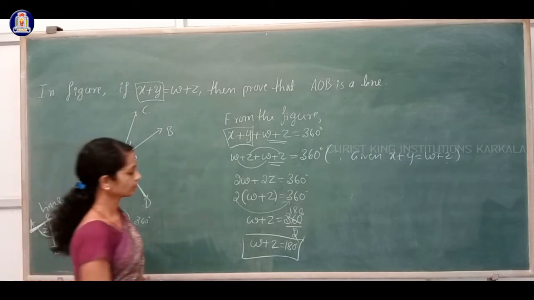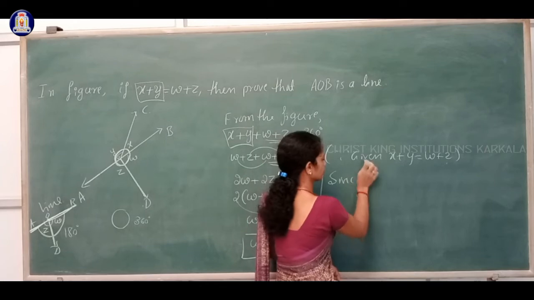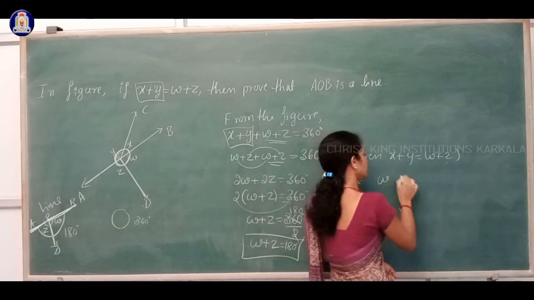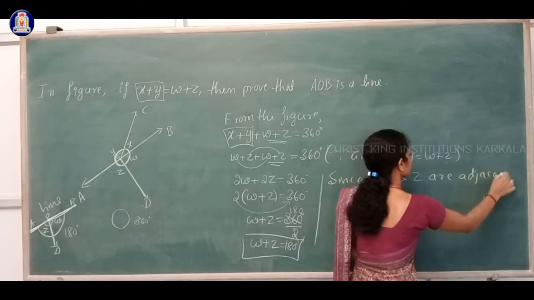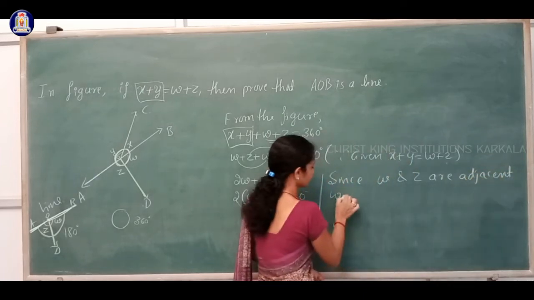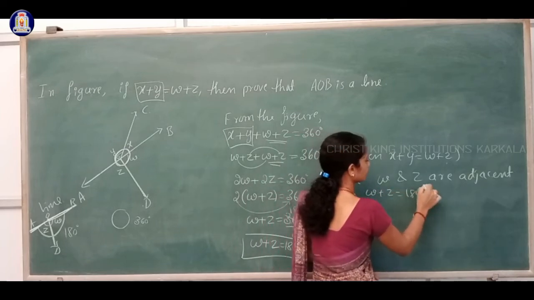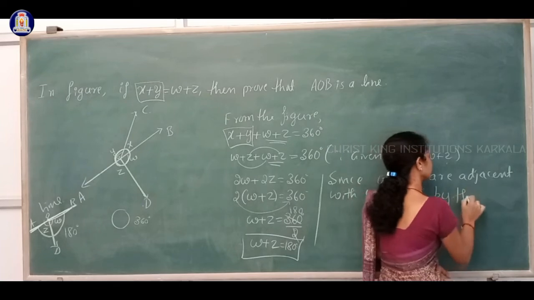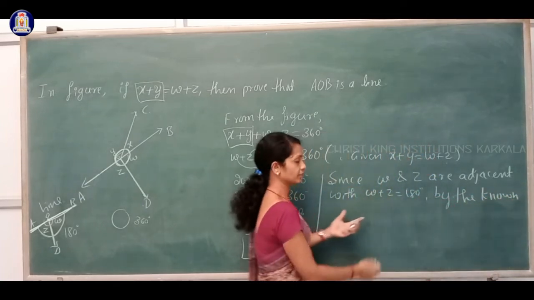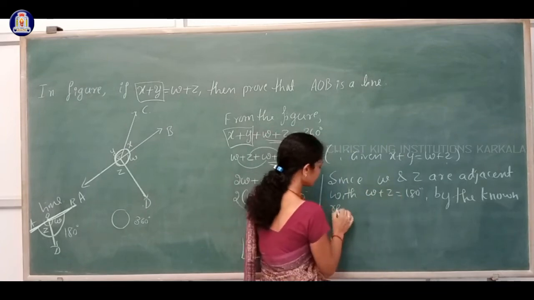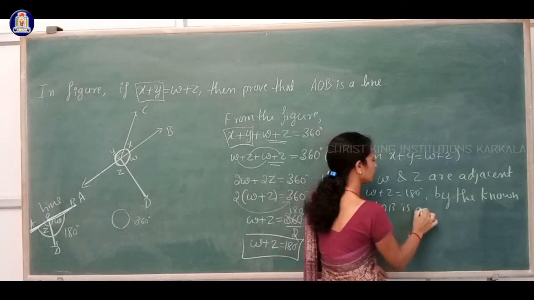Okay, so that we write now. Since w and z are adjacent angles, and w plus z is equal to 180 degrees, by the known result, AOB is a line.